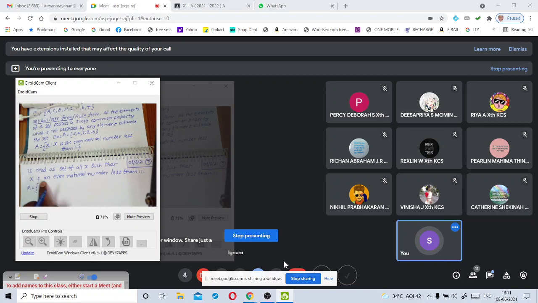This is read as this part up to here. Two dots is read as such that. Remember this point. How do you read these two dots, my dear children? Vinisha, can you tell me? Such that. Very good, my dear Vinisha.